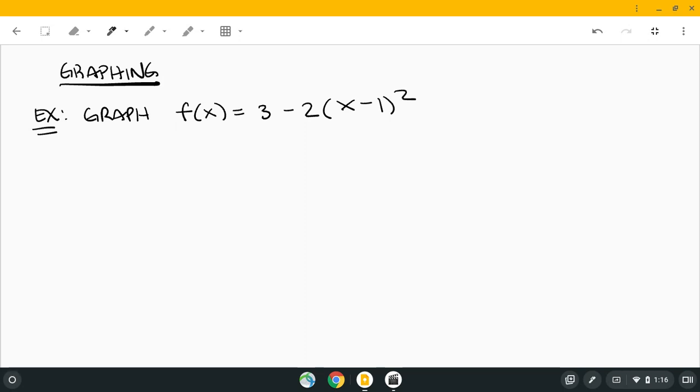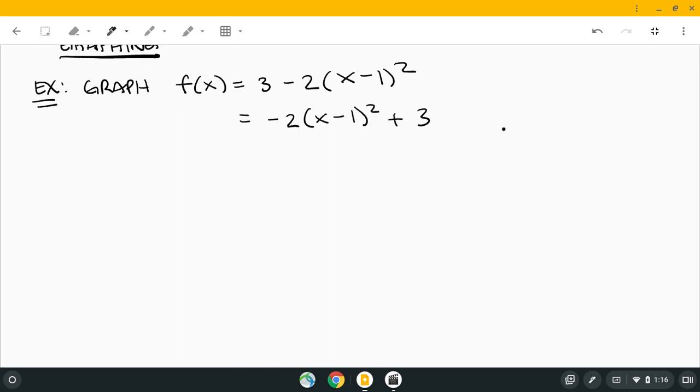This one might look a little odd because you guys are used to seeing this 3 over here. If that's the case, feel free to rewrite this as -2 times x minus 1 squared, plus 3. So it's okay to move this 3 over here.